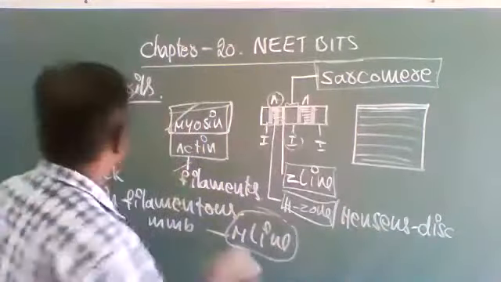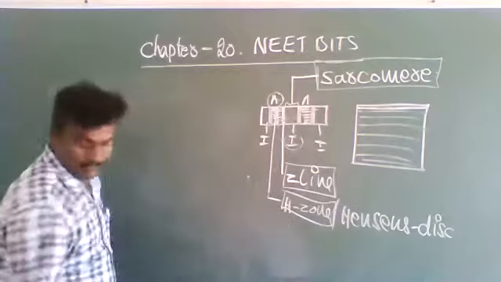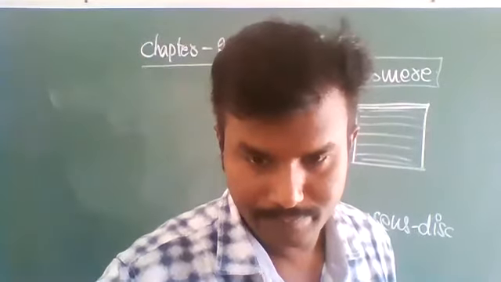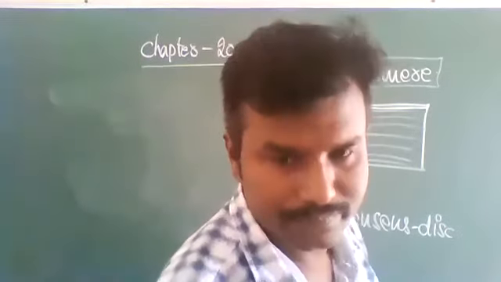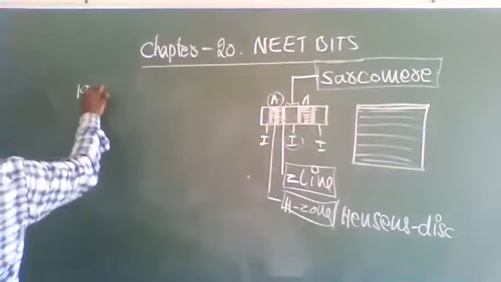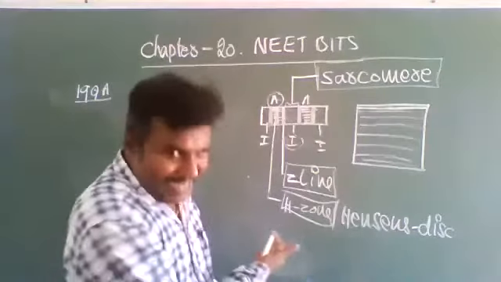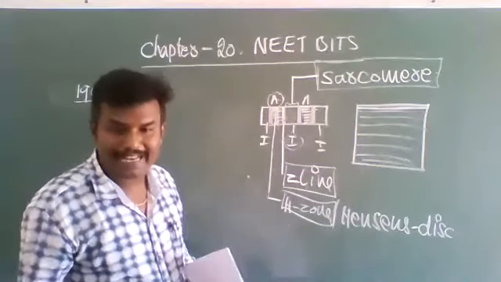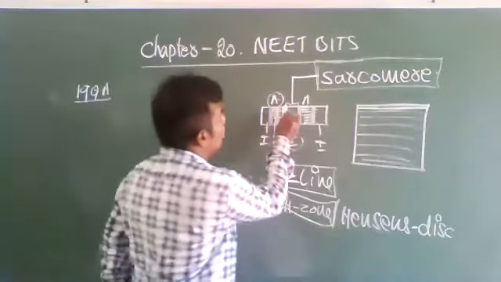Come to the 19th question. The structural and functional unit of myofibril, which contracts to cause movement, is called the sarcomere.